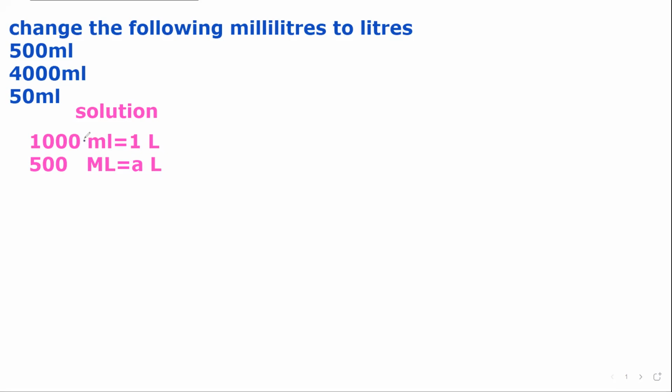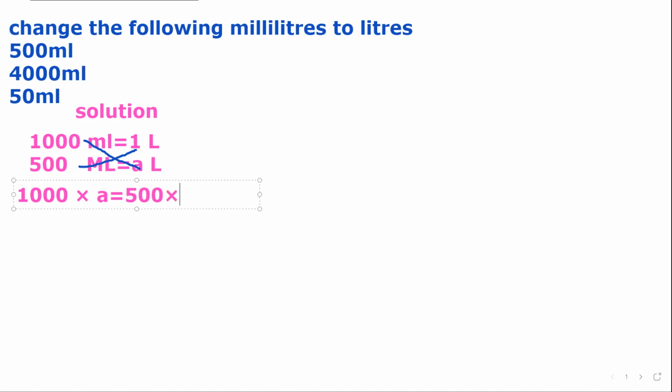In cross multiplication, the coefficient here will multiply this, and the coefficient here will multiply that. Which means you get a linear equation in this form. The 1000 will multiply the A, which must be equal to 500 multiplied by what?